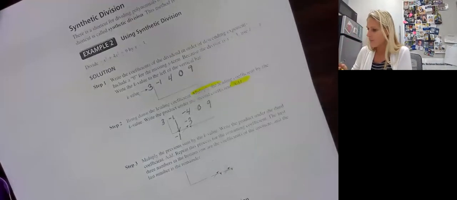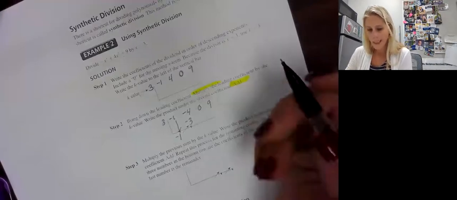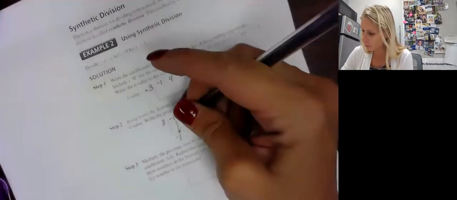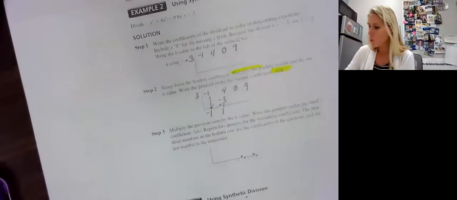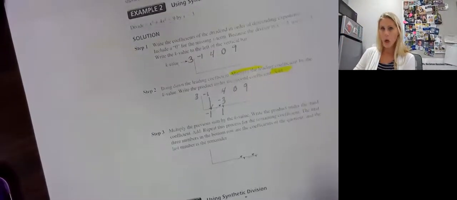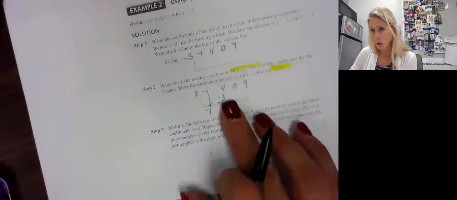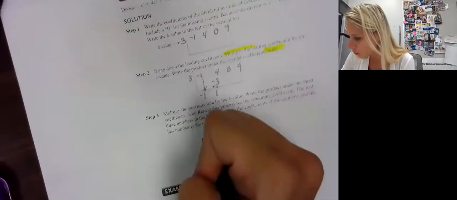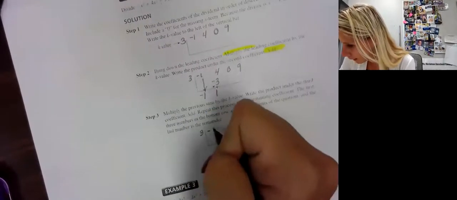Yay, adding. 4 plus -3 is a 1. Okay, you guys can continue doing it on that step, but I'm going to show you what happens. So right now we have this going on.